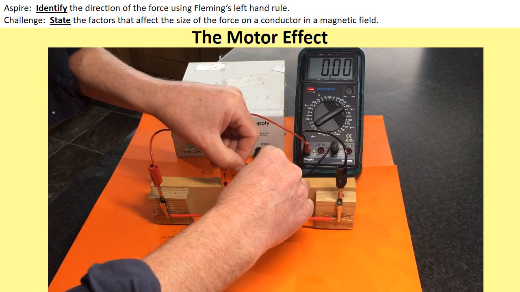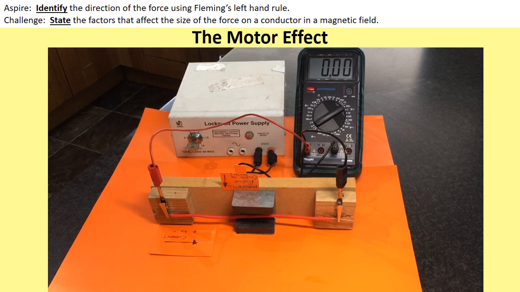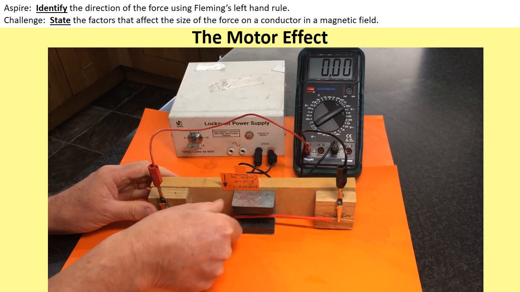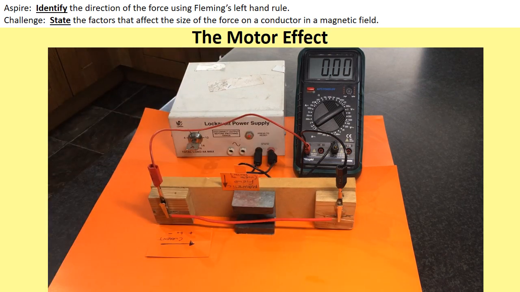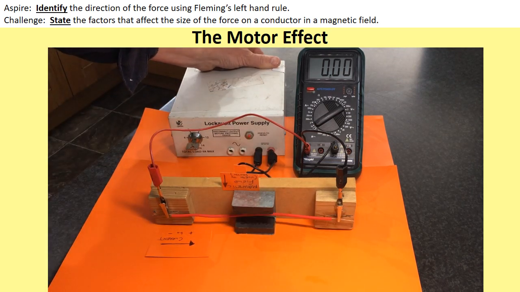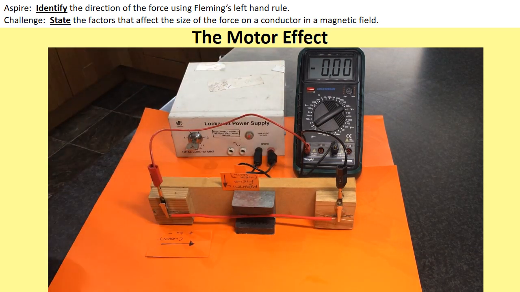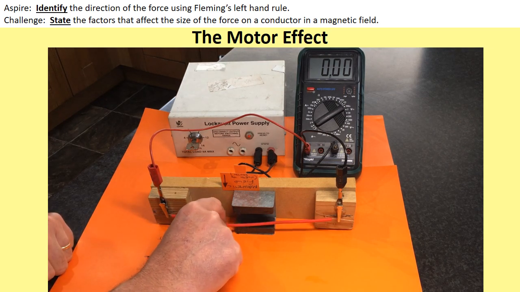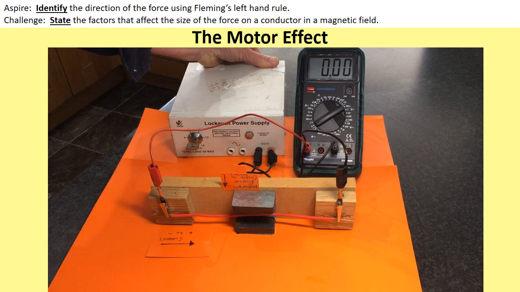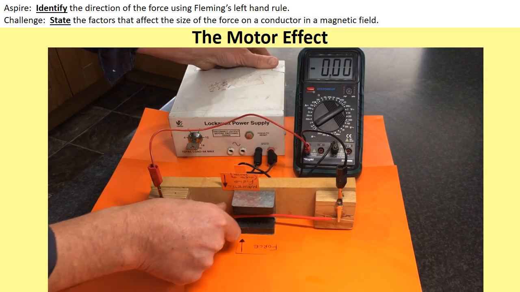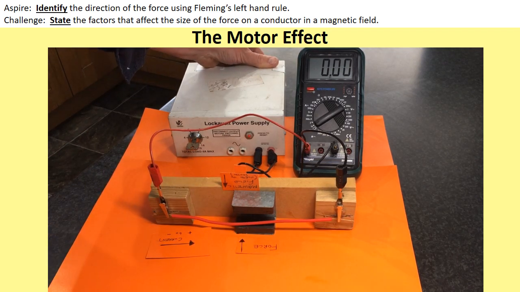So I need to swap that round. So this time the magnetic field is down. So current that way, magnetic field that way. Let's switch it on. Oh, and it's reversed again. So reversing the current reverses the force, and reversing the magnetic field reverses the force.